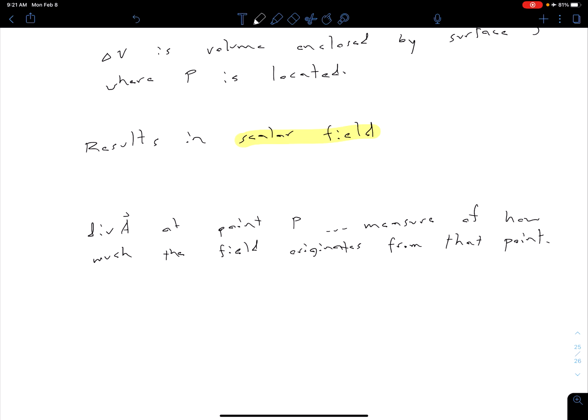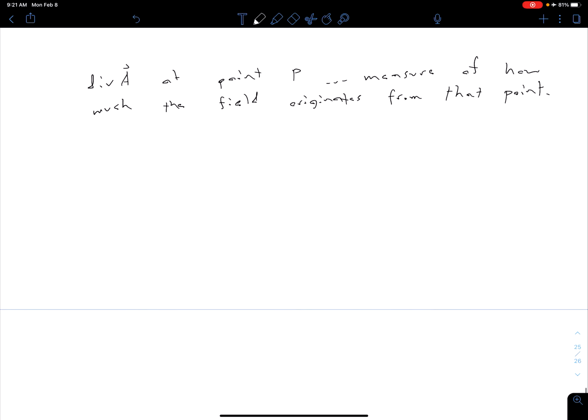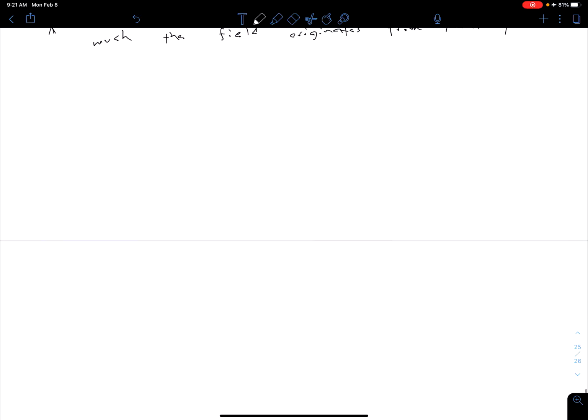In order to make that a little more clear, let's look at a few different drawings of a few different scenarios, keeping this idea in mind about a field originating from a point.